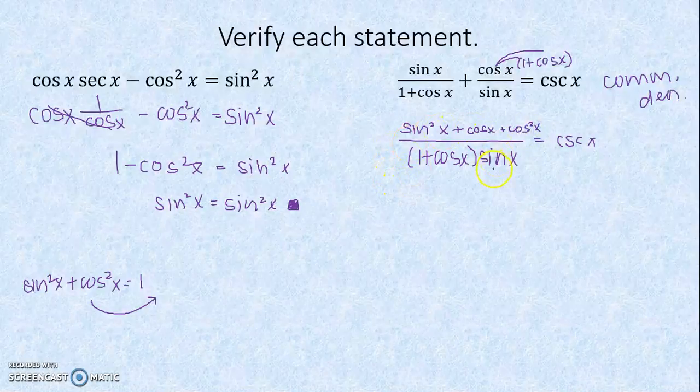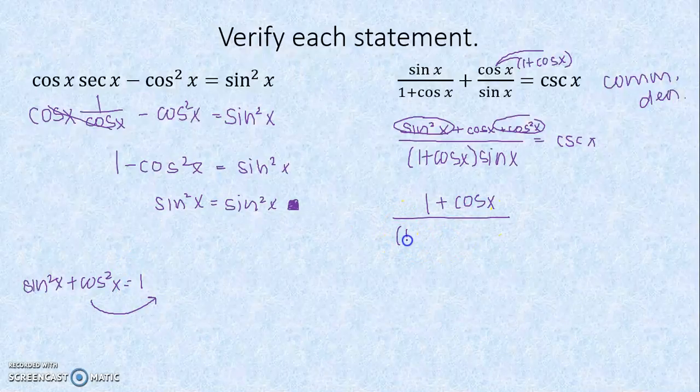While this looks worse, I do notice that I have a sine squared plus a cosine squared in my numerator, which I already know is 1. So my numerator is actually 1 plus cosine x. My denominator is still 1 plus cosine x times sine x.